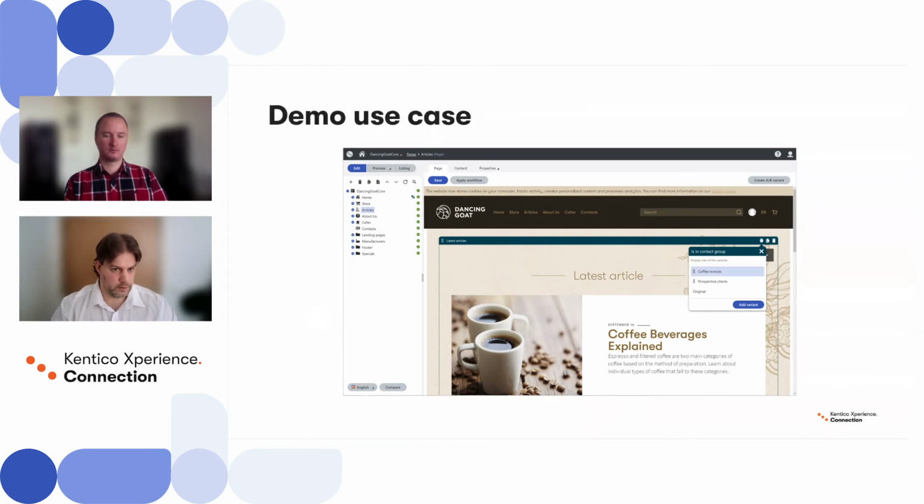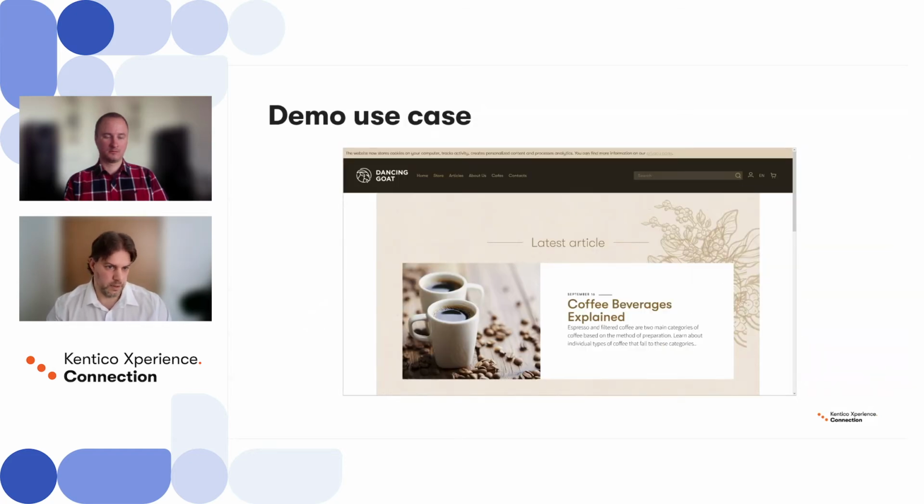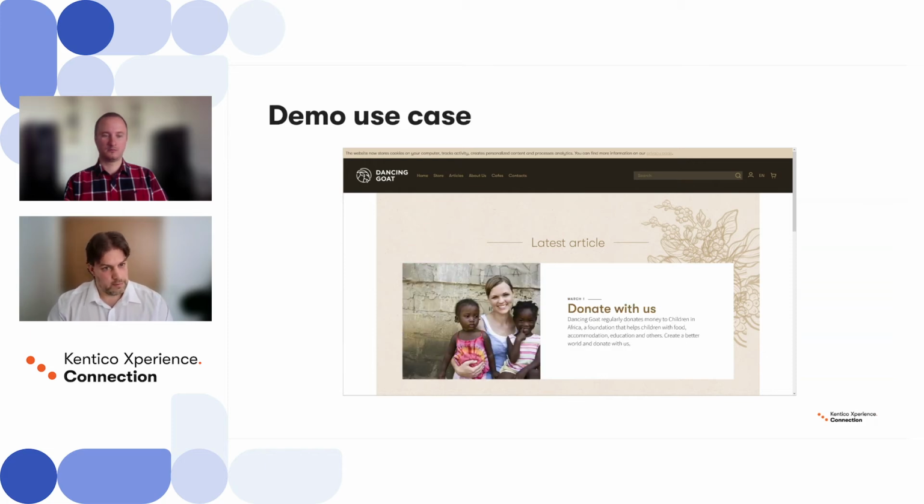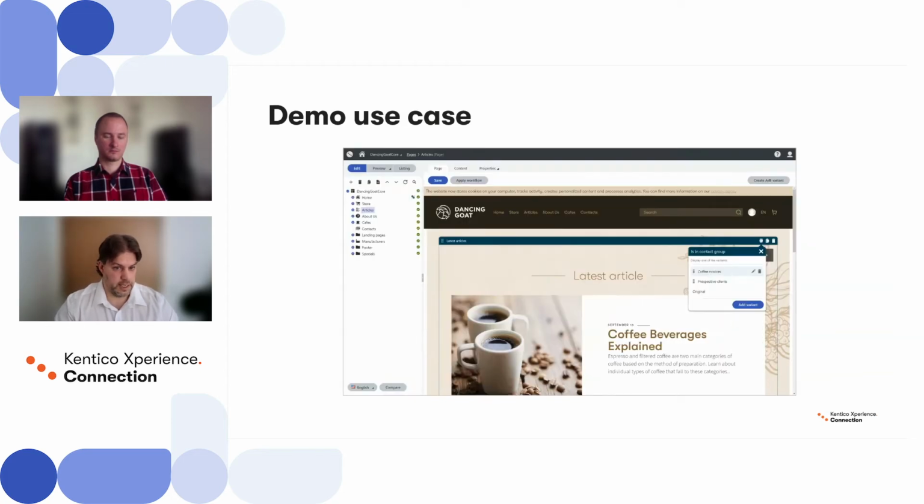They create contact groups and they can start providing different content to people who belong to these groups. One person from a contact group will see this kind of information, whereas another person from a different group will see information personalized and displayed above, for example, articles or something like that. So this was the personalization example.